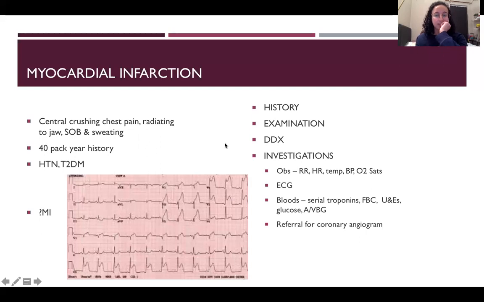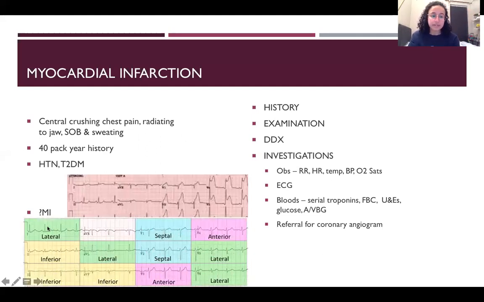Yep. So this is an anteroseptal sort of picture, like an anterior MI, septal MI, which is supplied by the left anterior descending. Well done. This is a good picture to go over.